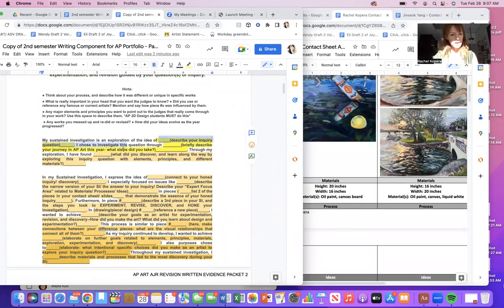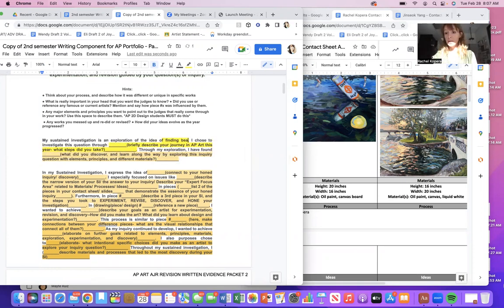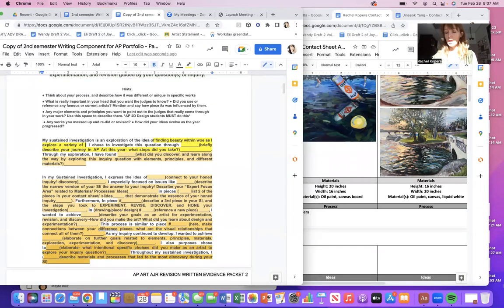So my sustained investigation explores the idea of finding beauty within woe as I explore a variety of landscapes within the Michigan and Los Angeles coast, right? Which is very broad. So as I continue to develop my SI, I'm going to hone it.